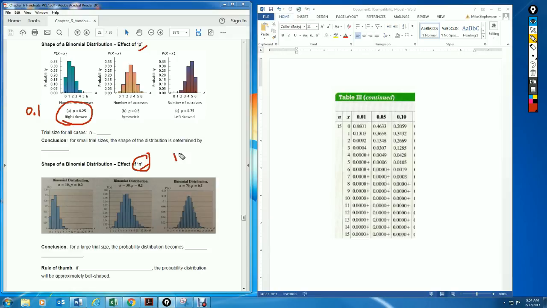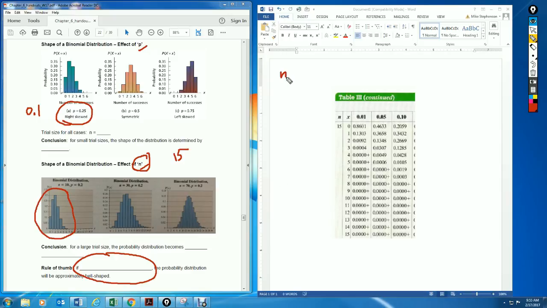In this case, our sample size is 15, which is not huge. So again, we would think that we're probably going to have a very right skewed distribution. But we can test it, and I gave you this rule of thumb right here yesterday.